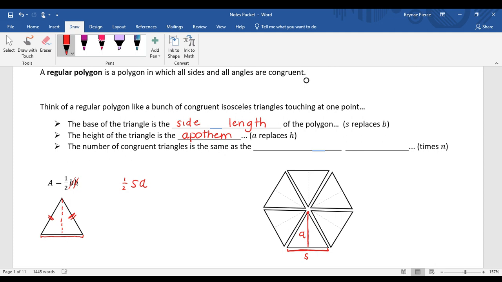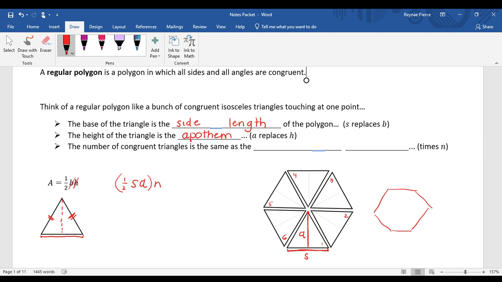And then this is just a concrete example, but we've got 1, 2, 3, 4, 5, 6 congruent triangles, which is the same as what would be a regular hexagon here if we put this together. And so we actually have to take this times the number of sides.